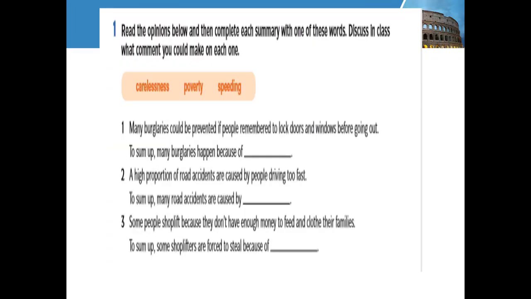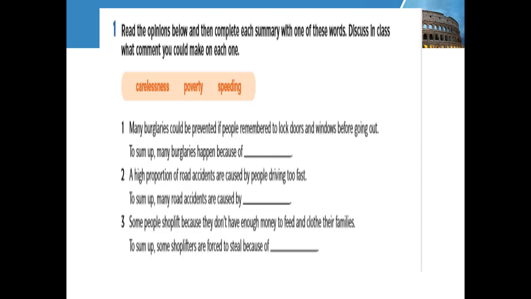So let's have a look at the first activity. Read the instruction of activity 1. Read the opinion below and then complete each summary with one of these words. Discuss in class what comment you could make on each one. So there are 2 parts to the task.